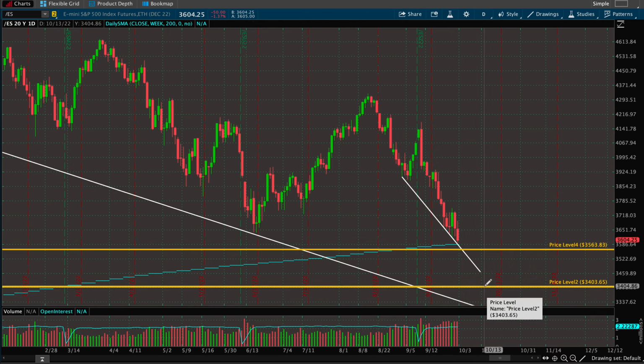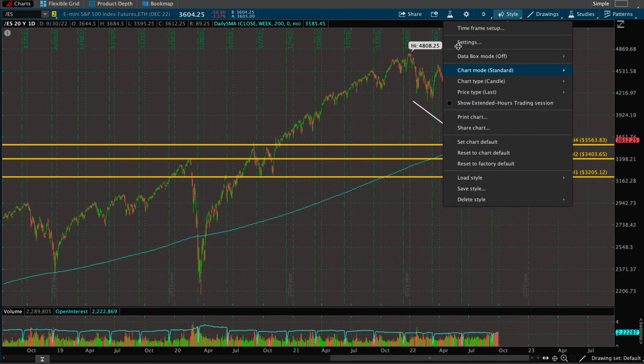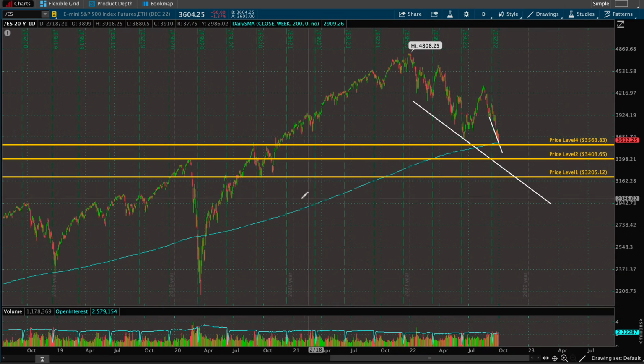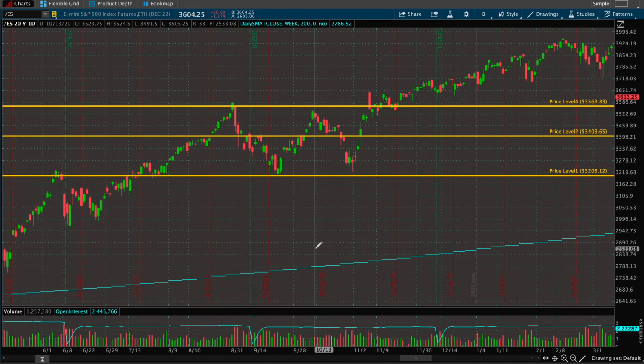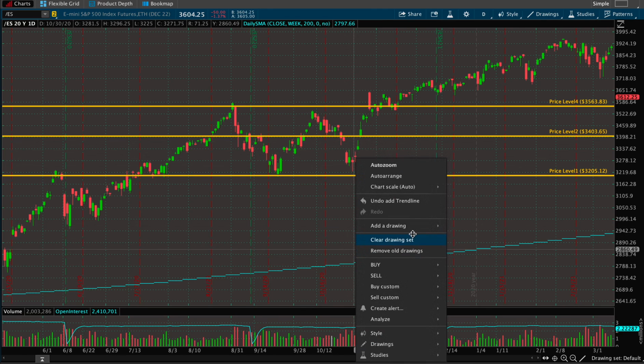There is another support area down here. One thing that we should look at is whether there are any gaps that need to be filled before we go into other areas. So let's look into that. There is no gap there. There is a very small gap here, 3382. So let's keep that in account. And I don't see any other gap all the way down to this level here.